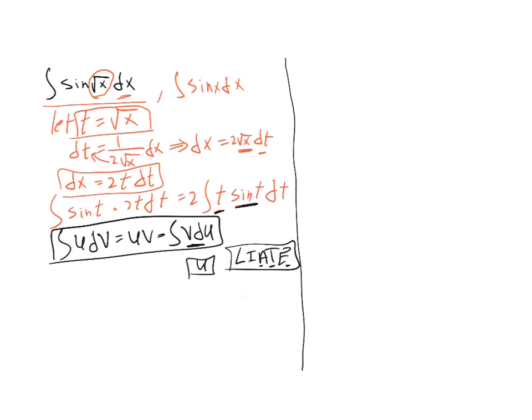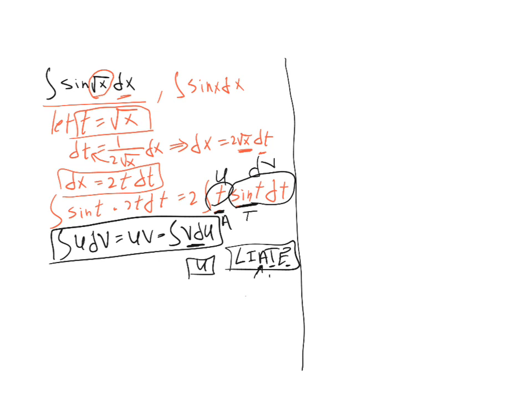Okay, so we have here two functions. t is an algebraic function and sine t is a trigonometric function. So according to this rule, we can choose u: A comes before T. So we will choose our u as t, and sine t dt is our dv.